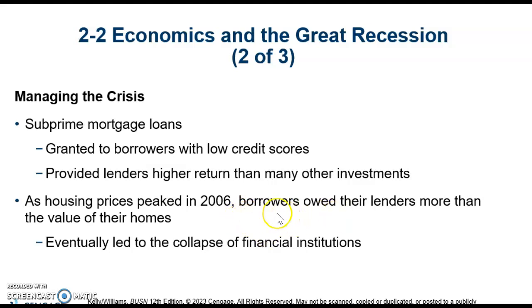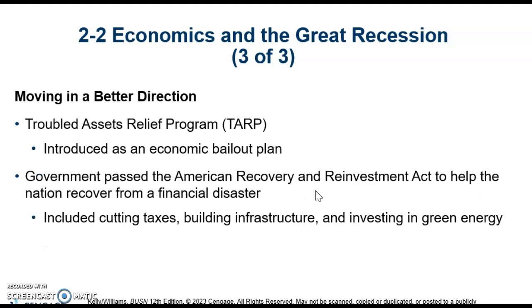And the people that borrowed the money from the bank, they owed more to the bank than the actual value of their home, and this led to the collapse of financial institutions. And since then, if you have tried to buy a home or apply for a loan, it's a lot different now. There's a lot more regulations, and that is because of this happening.